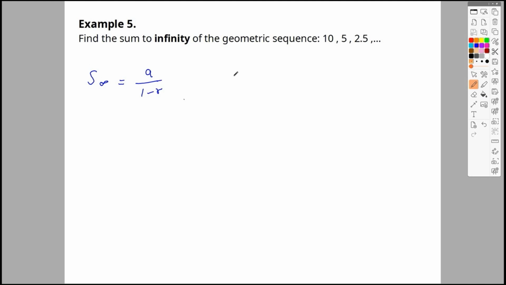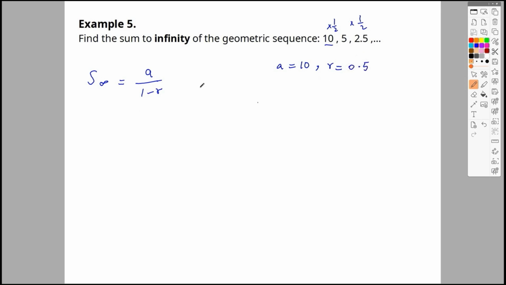Now a is 10. r is the common ratio, and from 10 to 5 we multiplied by half, and from 5 to 2.5 we also multiplied by half, and the absolute value of this half is less than 1, so we are okay. So r equals half, or 0.5.